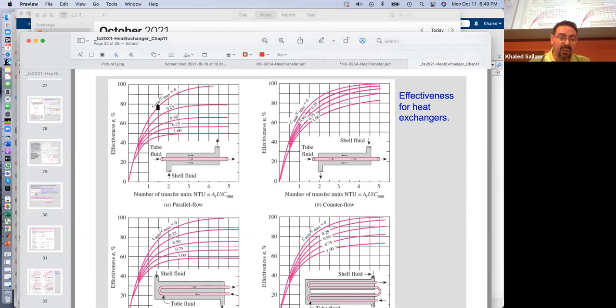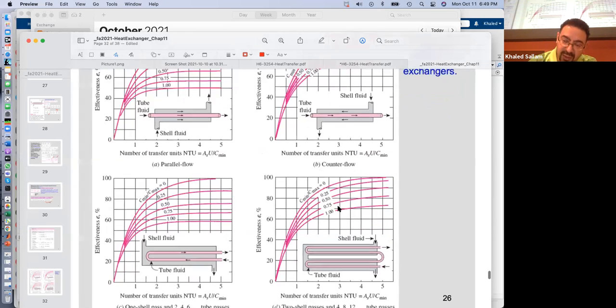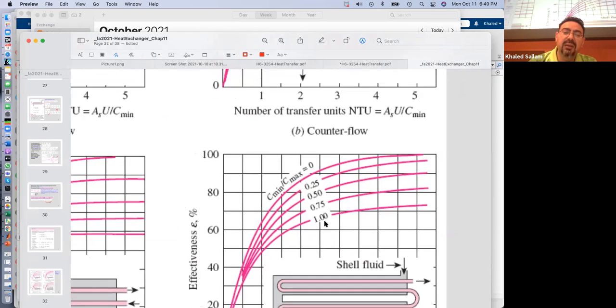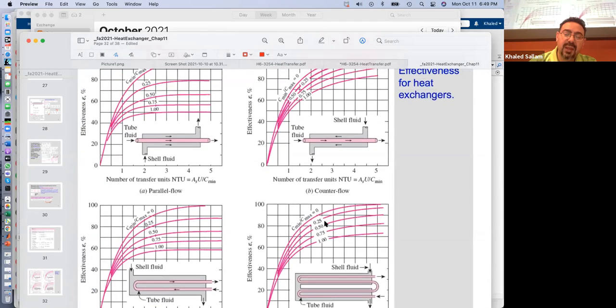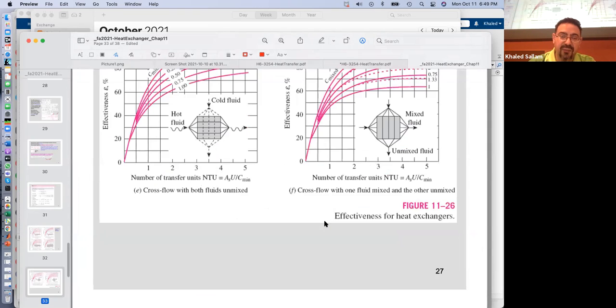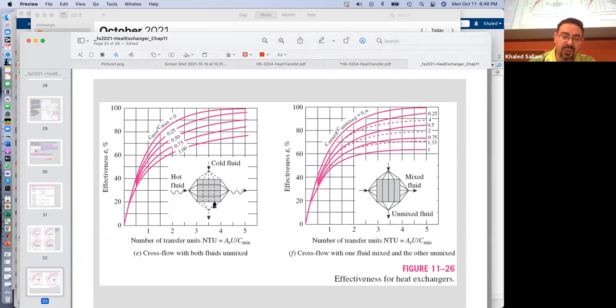Okay. So now for this parallel flow, there are all those curves, counter flow, all those curves, shell and tube, all those curves. What are those curves for? C minimum over C max: 0, 0.25, 0.5, 0.75, 1. So what do you notice on those 4 graphs? There are also the other two for the cross flow, right?